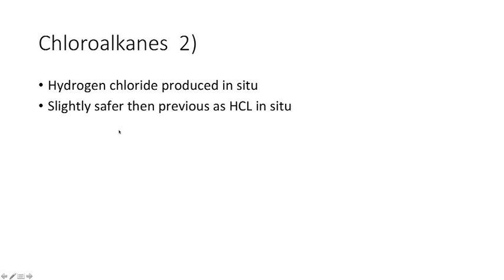So the second way of making chloroalkanes is by hydrogen chloride, which is produced in situ, so it's slightly safer than the previous one, whereas this one is produced in situ, so it's a bit better. So this is how we form HCl first of all.